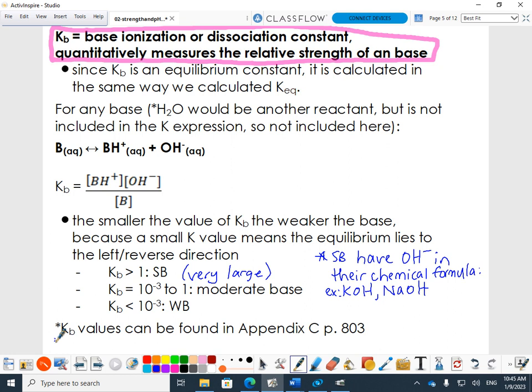But again, they are a little bit easier to pick out qualitatively as well, like you would have done in grade 11.